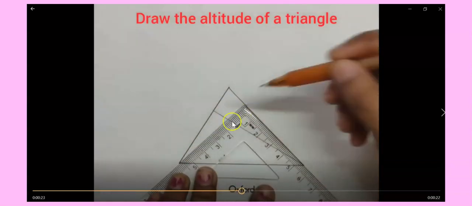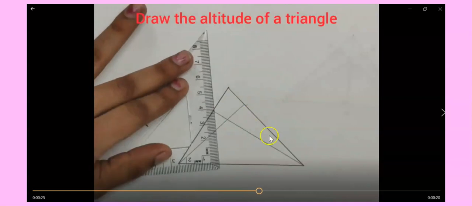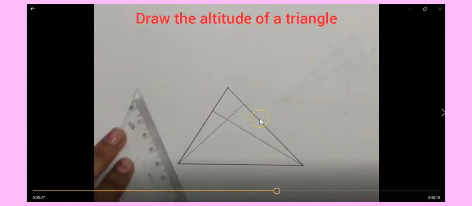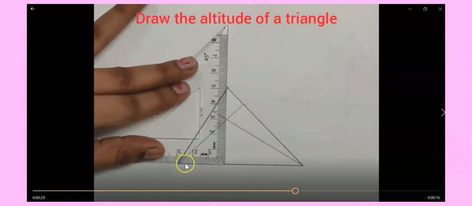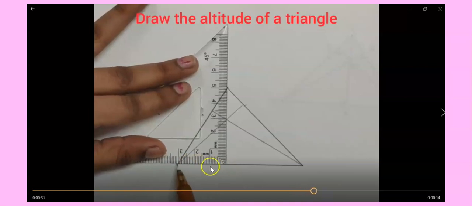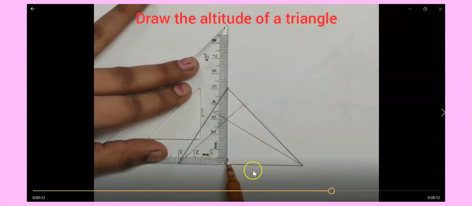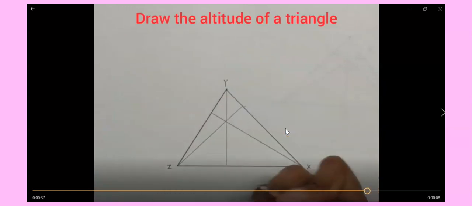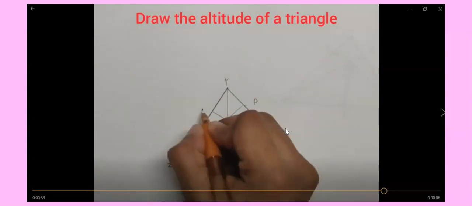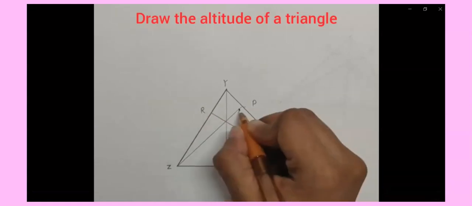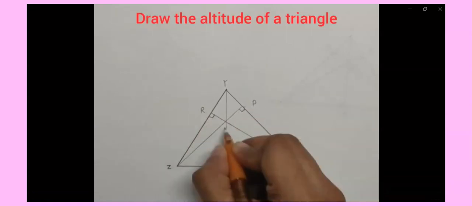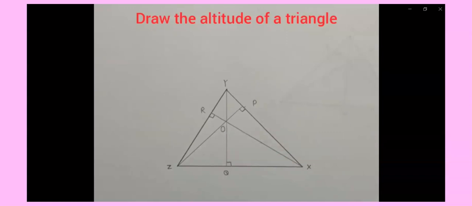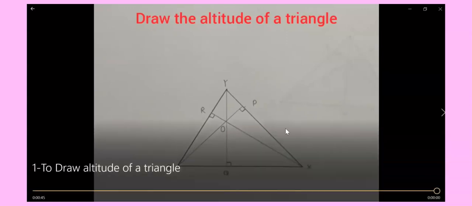Make sure that this line coincides. Next is the third altitude. First make sure that this line coincides with this base, and then draw the perpendicular. You will get the altitudes. Name the altitudes, and in this way, these are the altitudes of a triangle.